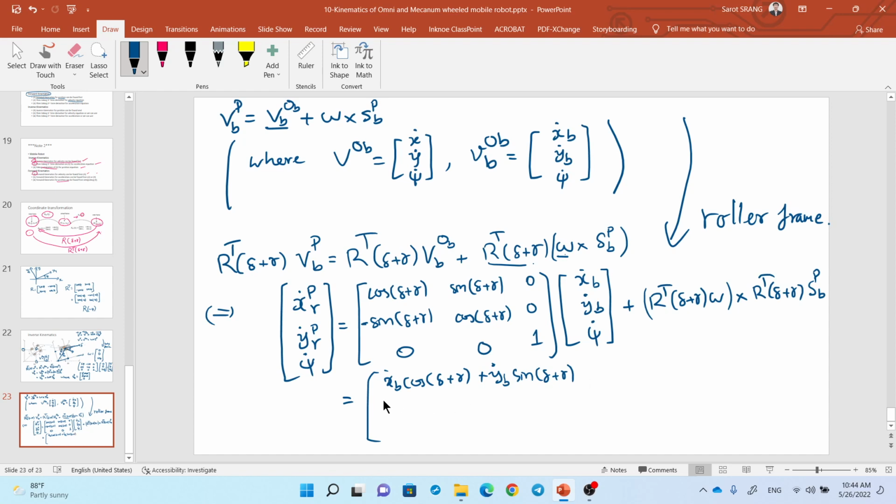How about this one? Minus h dot b sine delta plus gamma, and here is plus y dot b cosine delta plus gamma, and this one just psi dot.